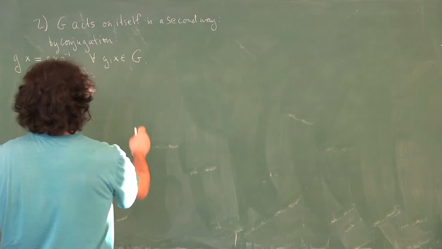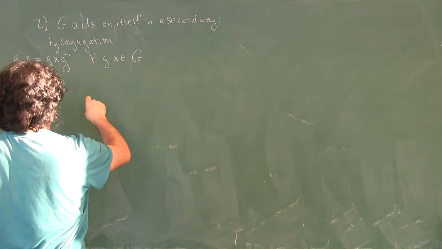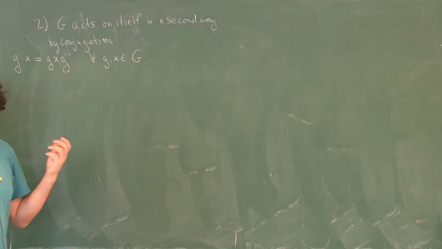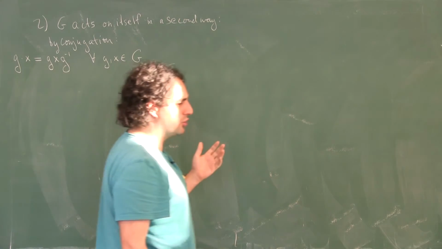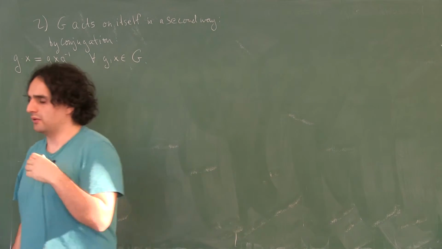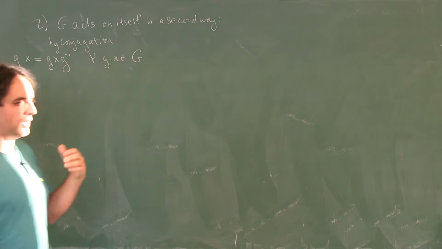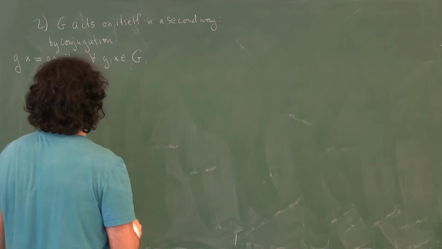Now, it's very important in this example to think about what the terms that we defined in general mean. So we had the orbit and we had the stabilizer of a point.